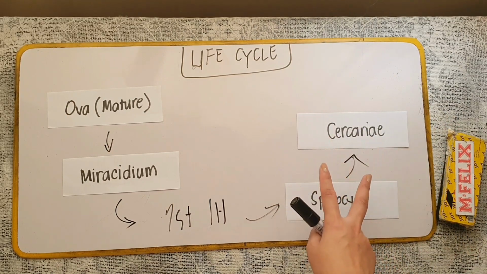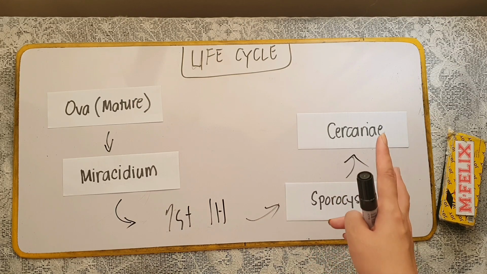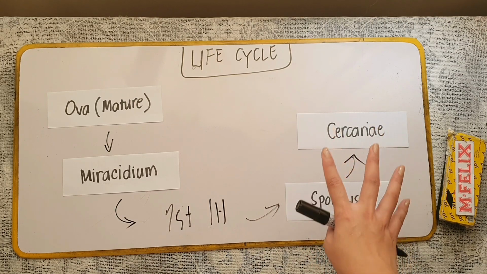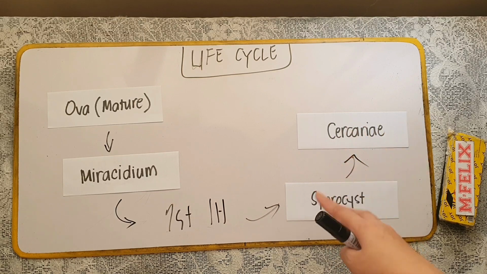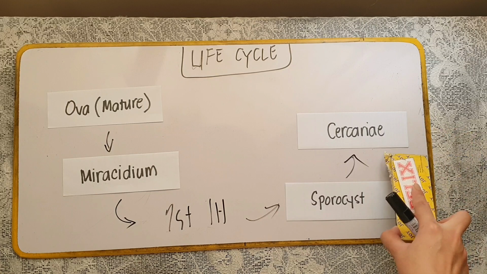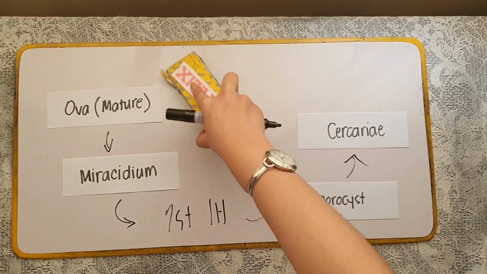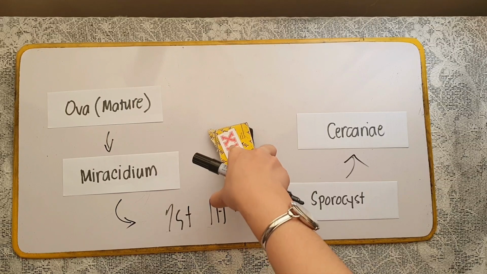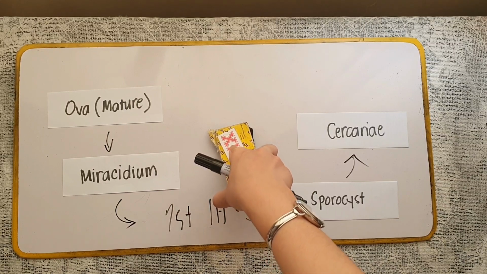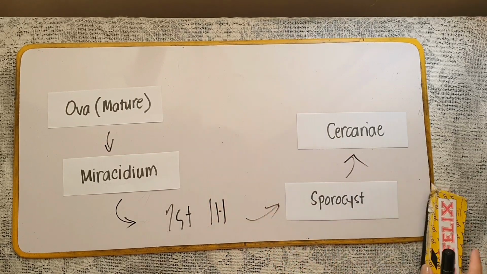This time, your cercaria will serve as the infective stage for the definitive host. This cercaria will leave the snail host and become a free-swimming larva again. The cercaria has a tail, which is fork-tailed; that is the appearance of its tail.